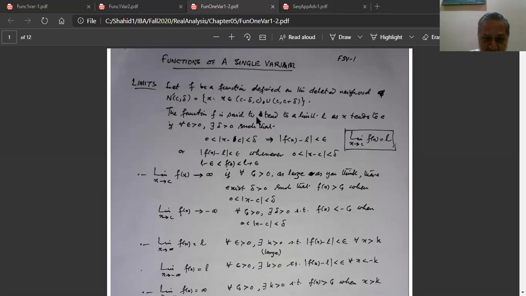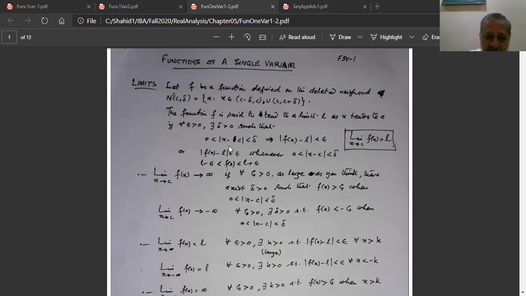The function is said to tend to a limit L as x tends to the number c if for every epsilon positive there exists positive delta such that if x belongs to the deleted neighborhood indicated by 0 less than |x minus c| less than delta, the radius of the neighborhood defined by delta, then the images will be in a small neighborhood of the limit L. If the limit exists, we write this conventionally.